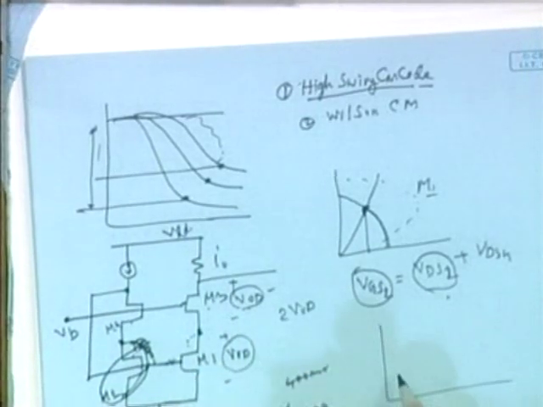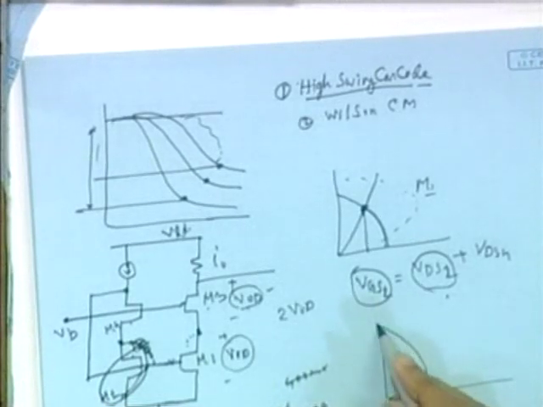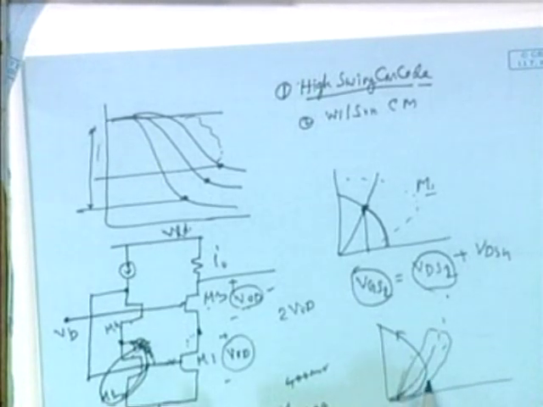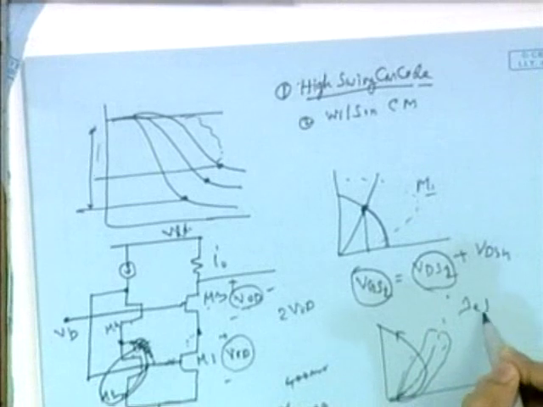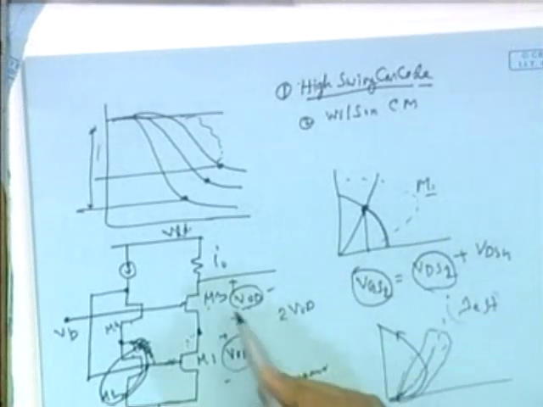Actually the path followed will be like this. It will start from here and go up to like this, and say this is your triode saturation boundary. So it will be within that zone, the triode saturation zone, not in hard triode, not in hard saturation. So we can get high swing and also high effective output lambda due to the cascoding effect using this high swing cascode transistor.